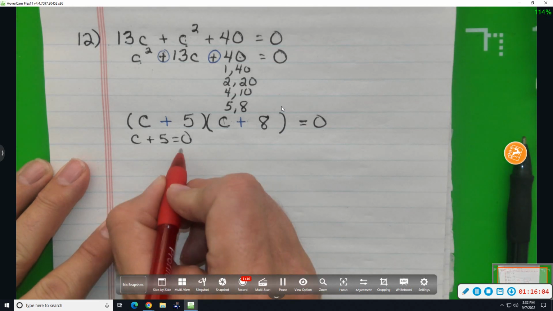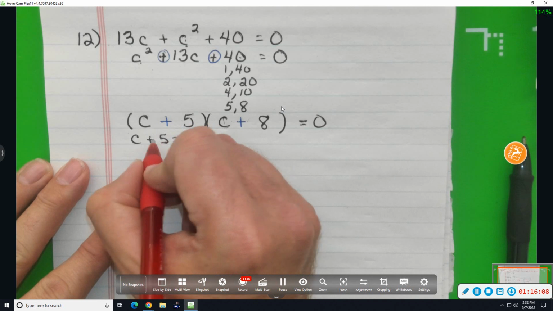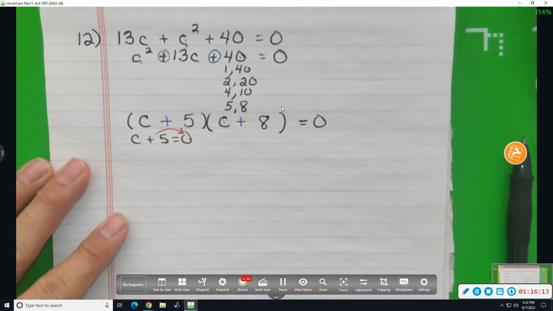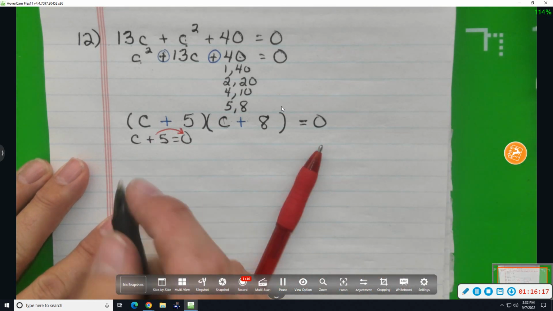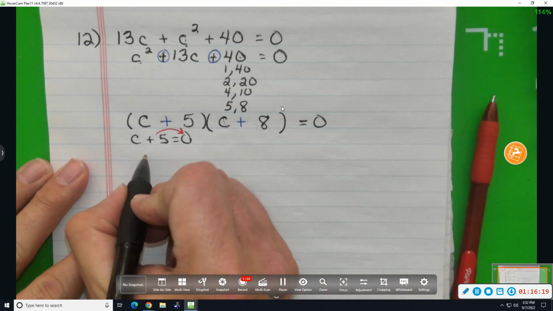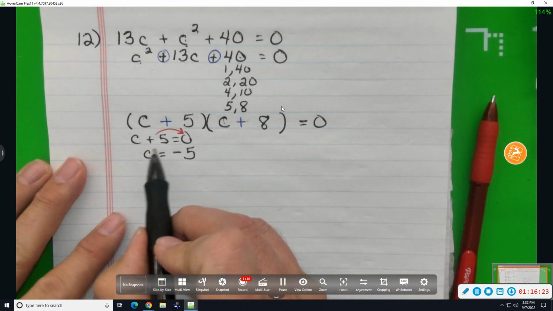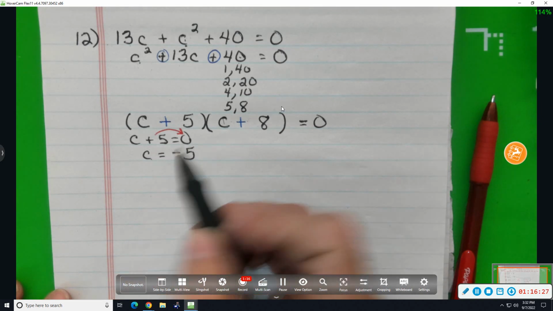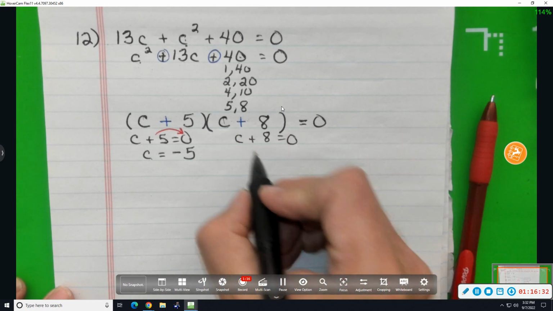Instead of saying minus 5, when I'm just moving and getting rid of a number and moving it over, I draw a little arrow like that red arrow. And all that means is move the 5 over and change its sign. And that's the same thing as minus 5. Like right here, C plus 8 equals 0.